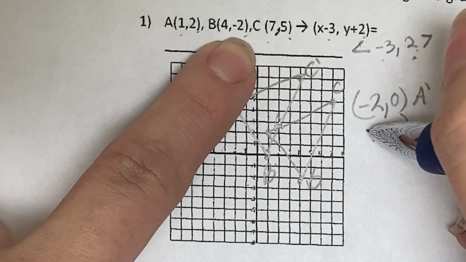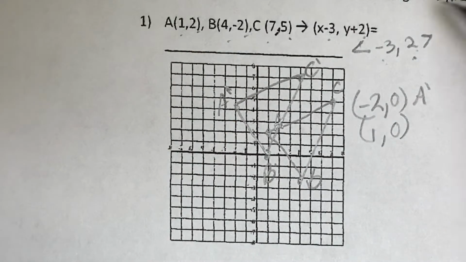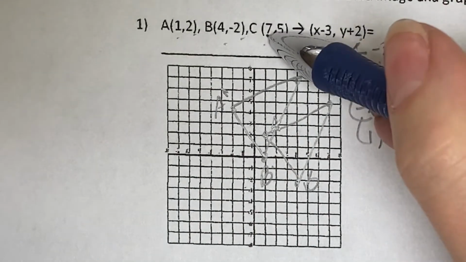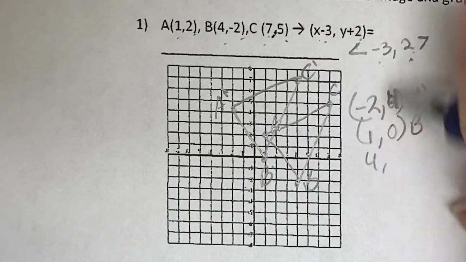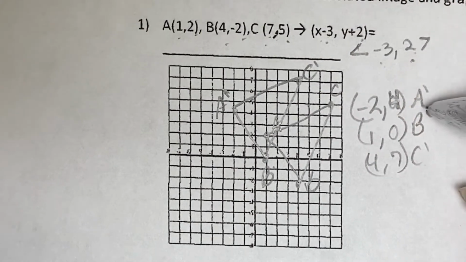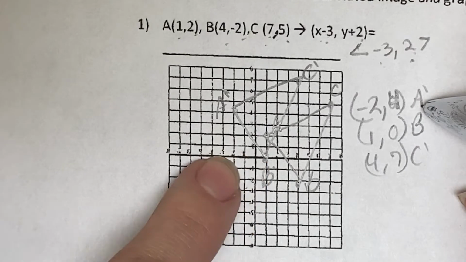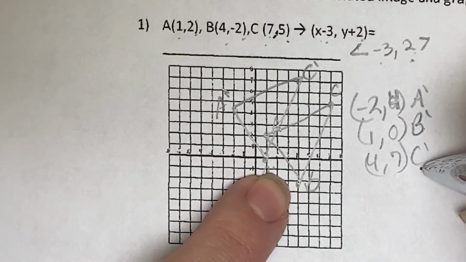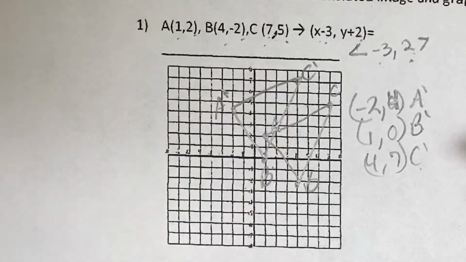That should have been 4. Would be my B prime. C, 7 minus 3 is 4. 5 plus 2 is 7. Would be C prime. So my A prime landed at negative 2, 4. B was at 1, 0. C was at 4, 7.